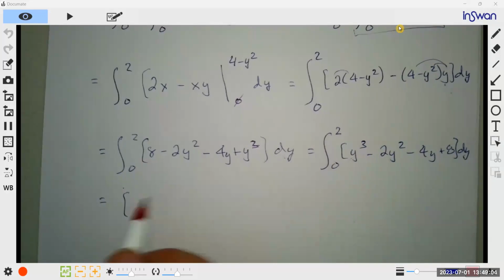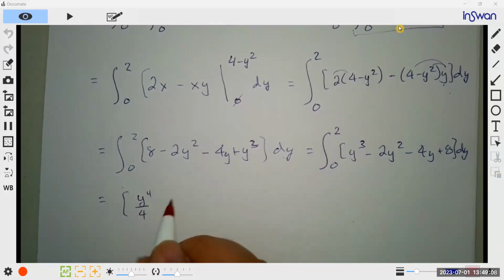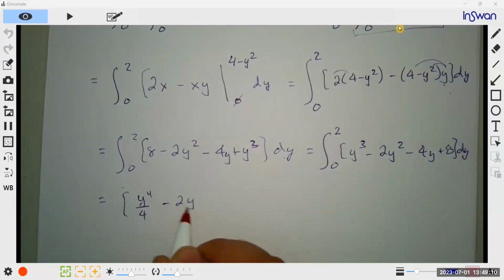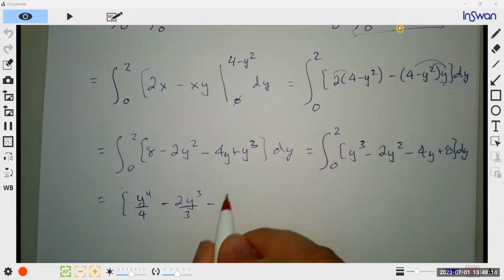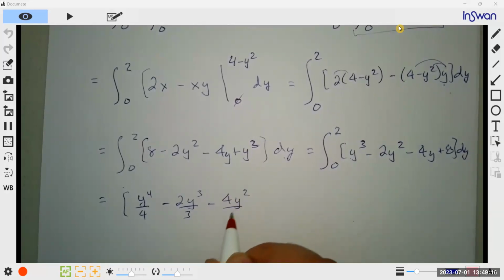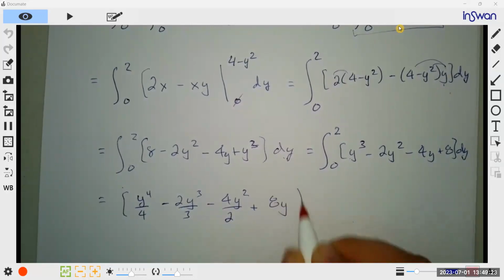So the integral of y cubed is y to the 4th over 4. Y squared is y cubed over 3. Y is y squared over 2. And 8 is 8y, all from 0 to 2.